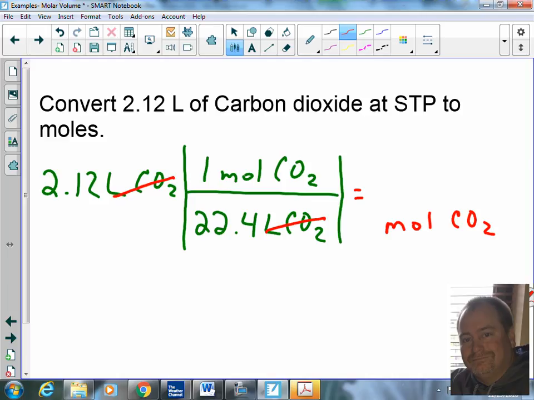I take the 2.12 divided by 22.4 to give me a value with 3 sig figs. It's going to give me the value of 0.00946. That is 3 significant figures.